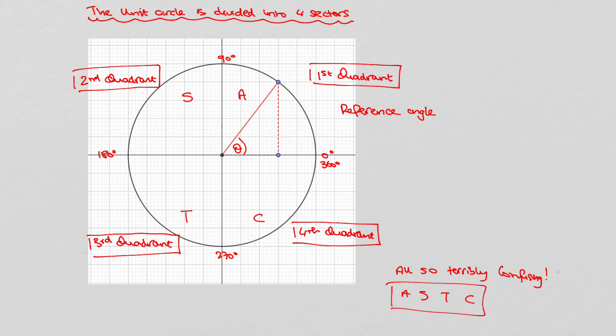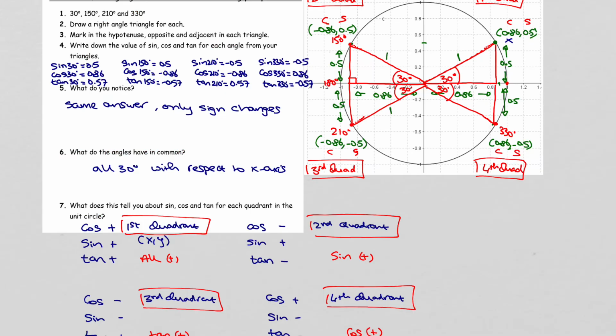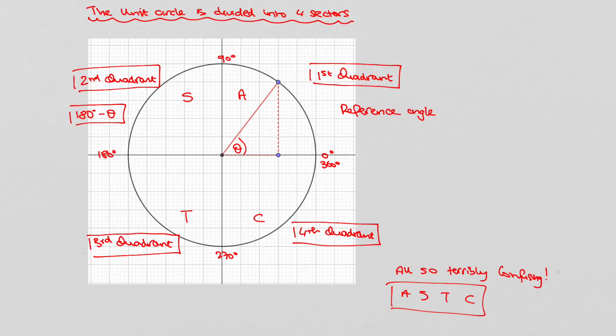So to work out our angle in the second quadrant, we always refer back to the reference angle, which is theta. So it's 180 minus theta. In other words, we saw that 150 degrees, if I take it away from 180, I get my reference angle of 30 degrees. In the third quadrant, we were able to see that it was theta minus 180 degrees.